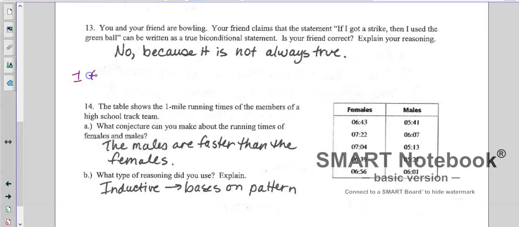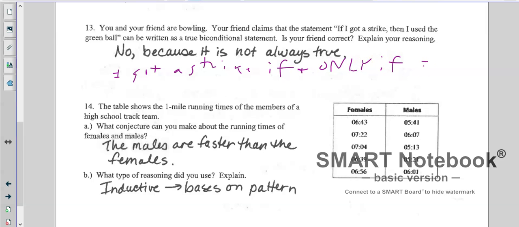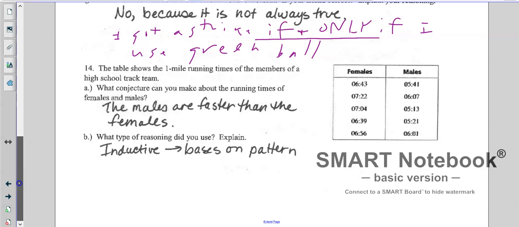So it'd be I got a strike if and only if I use a green ball. And no, that's not going to be always true. I'm sure your friend could probably get a strike with another colored ball. But remember, biconditional, if and only if. Very important.